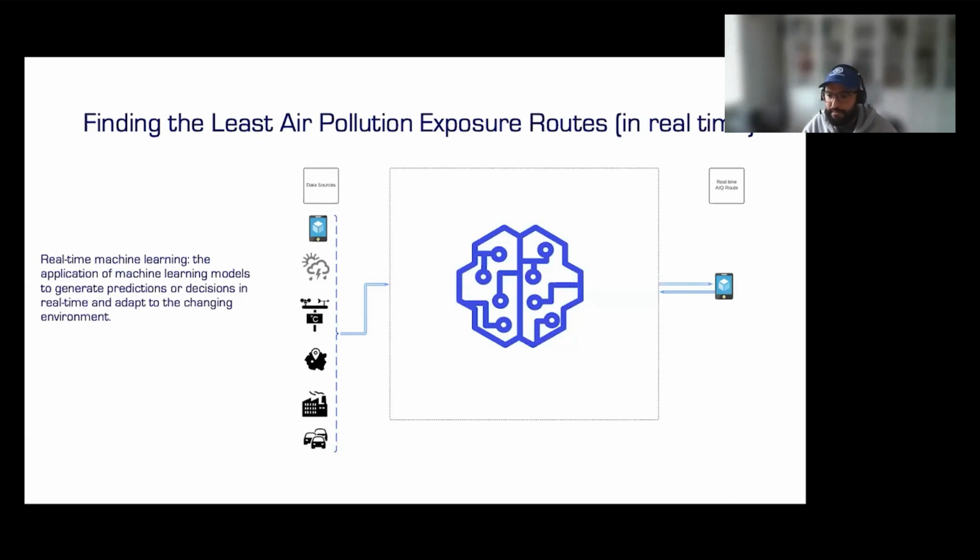Going back to my example, I need to make a prediction or a rerouting recommendation based on an event. Let's say a road closure or accident happened, or an event is happening right now. This is what I mean, at least in this context, by real-time machine learning.